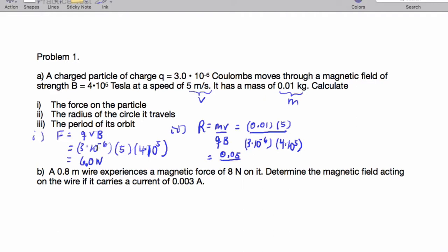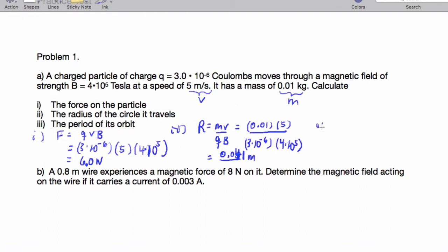And then this here, when we actually get the radius, divided by, I'm getting 0.041 for the radius.